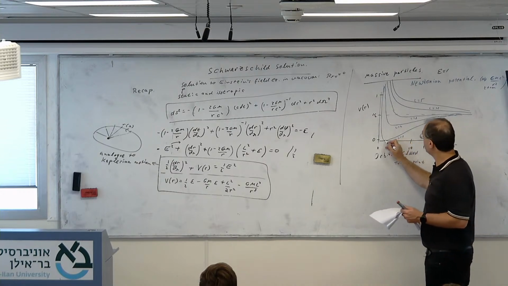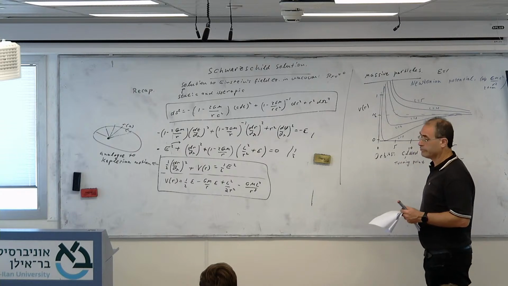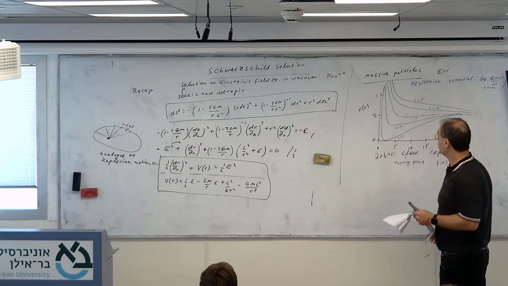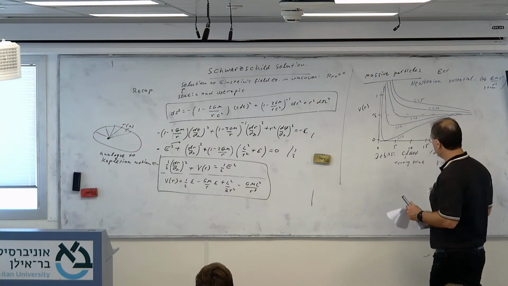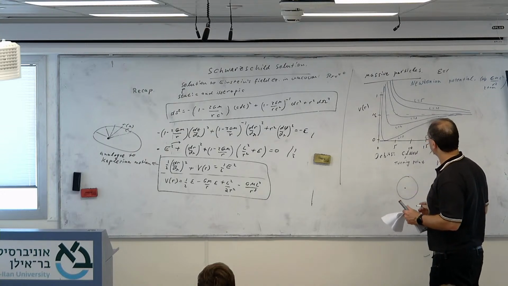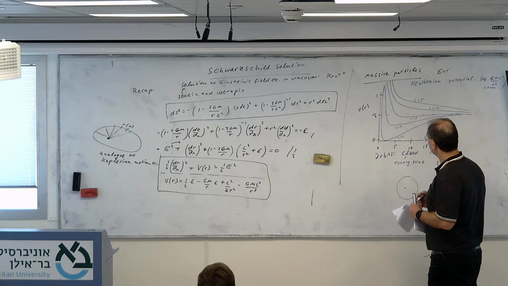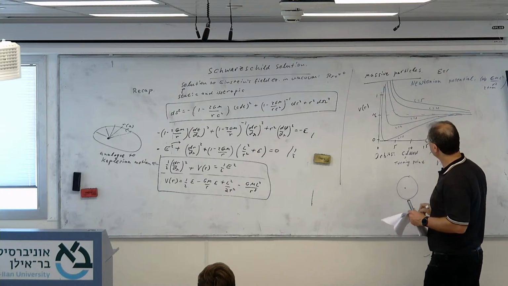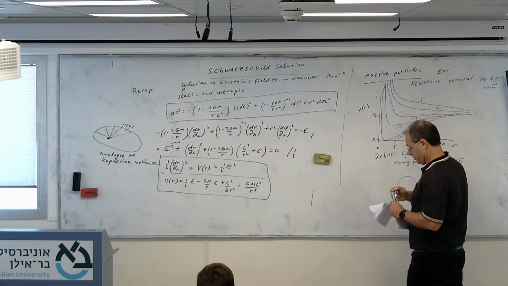Let's say we're sitting right here. What orbit are we going to get? Circular. Just a circular orbit, right? So the orbit will look something like that.